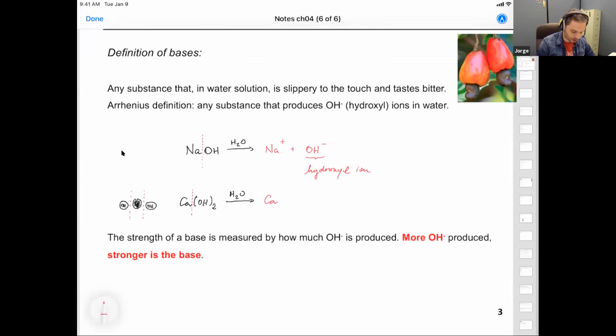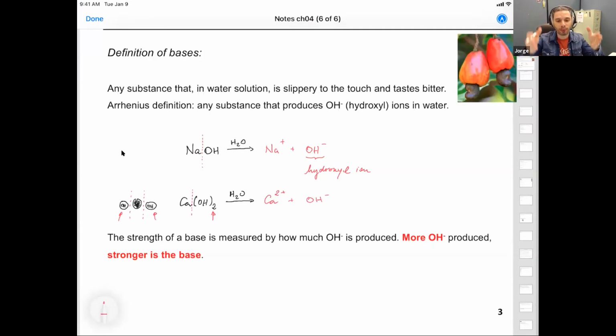Because calcium is from group 2, the charge here is going to be 2 plus, and it's always going to produce the counterpart, which is hydroxyl ions. Okay, so pay attention here because we started with 2 hydroxyl ions, represented by the index 2 here.